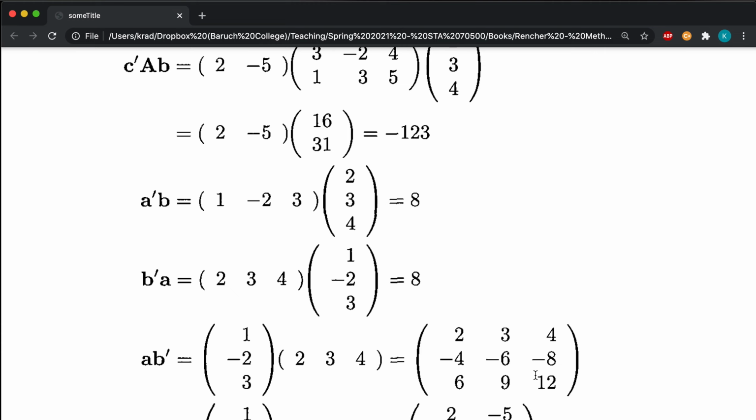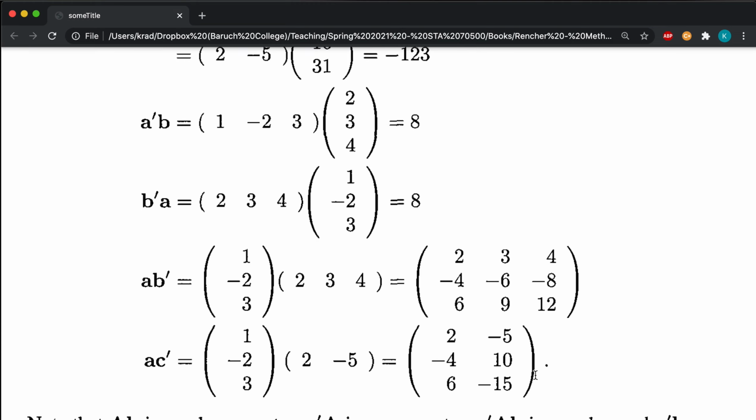real stuff. Okay, now here is another example of an outer product. A and C transpose. Recall, C was a two-dimensional column vector, and A is a three-dimensional column vector.